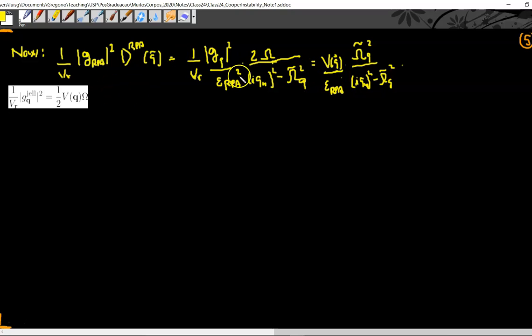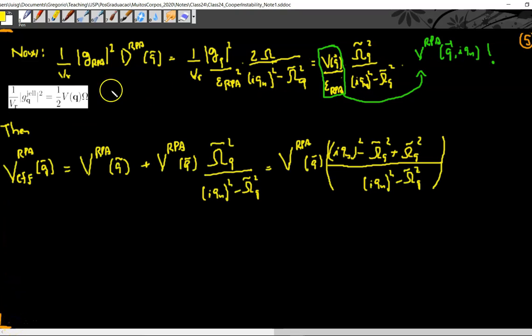So this 1/2 cancels with these two, and I get this VQ divided by epsilon RPA, okay? The other epsilon RPA goes to renormalize the frequency, so I got this expression. And now notice that this, of course, is the RPA potential, as we saw in a previous slide as well.